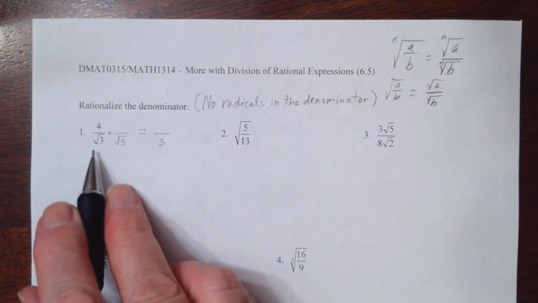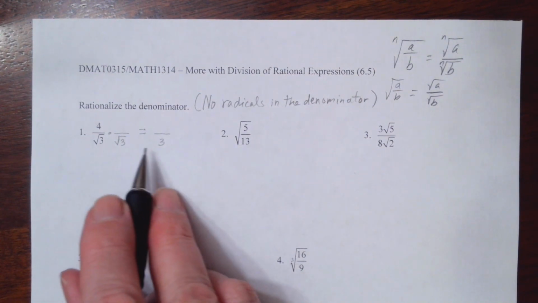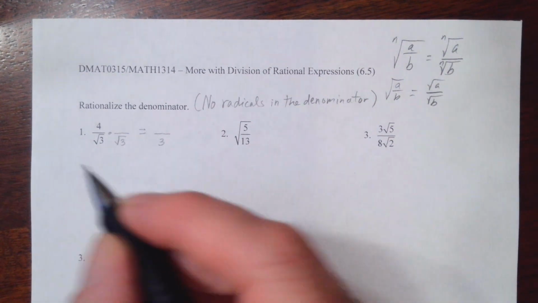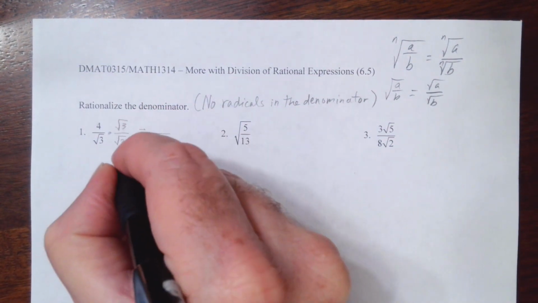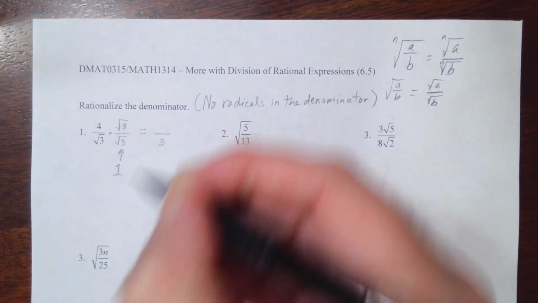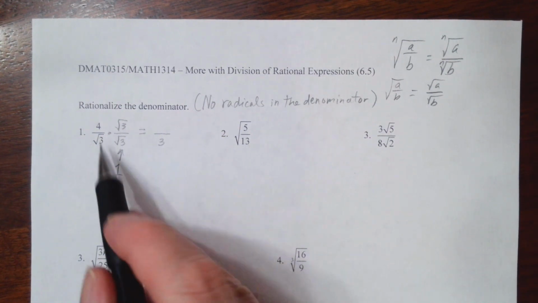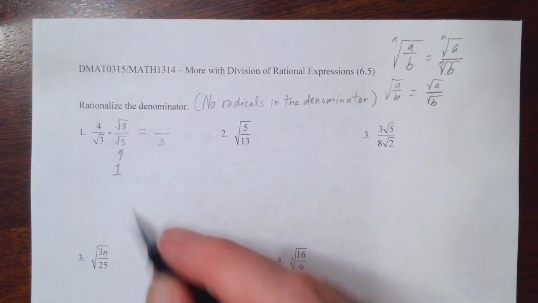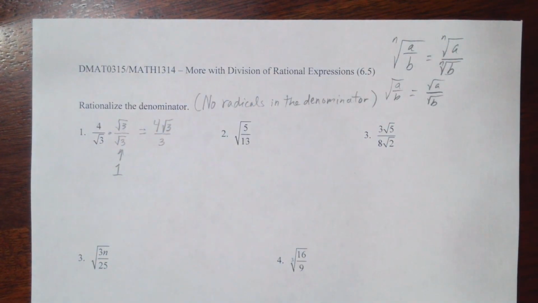And it comes down to the fact that a square root times the square root of the same number will just give us that number. However, to make it legal, I got to also multiply the numerator by the square root of 3. So what I'm really doing is multiplying by a fraction that's equal in value to 1. And so the value of the original fraction doesn't change. So this will be 4 square roots of 3. All right, so now we have rationalized the denominator.